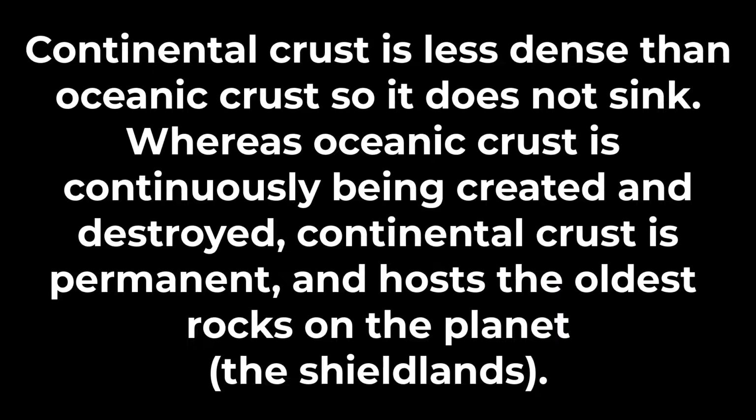Continental crust is less dense than oceanic crust, so it does not sink. Whereas oceanic crust is continuously being created and destroyed, continental crust is permanent and hosts the oldest rocks on the planet, the shield lands.